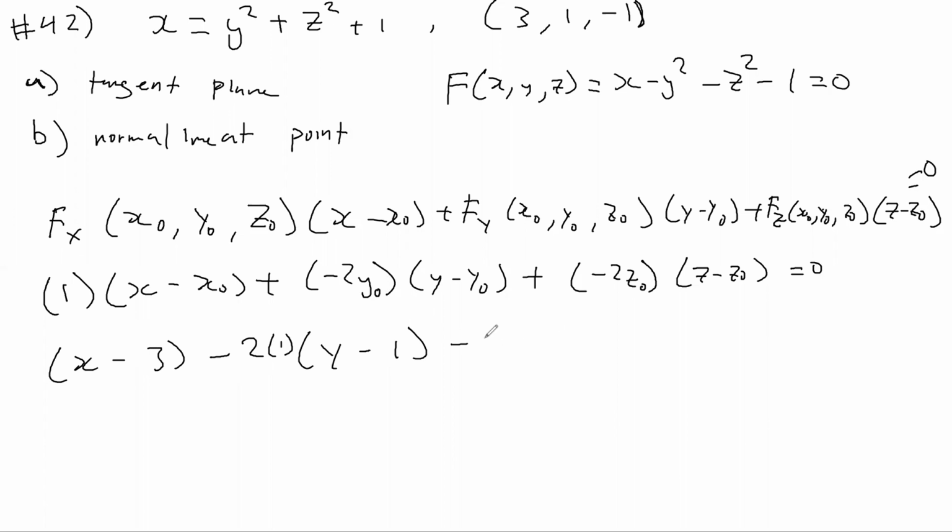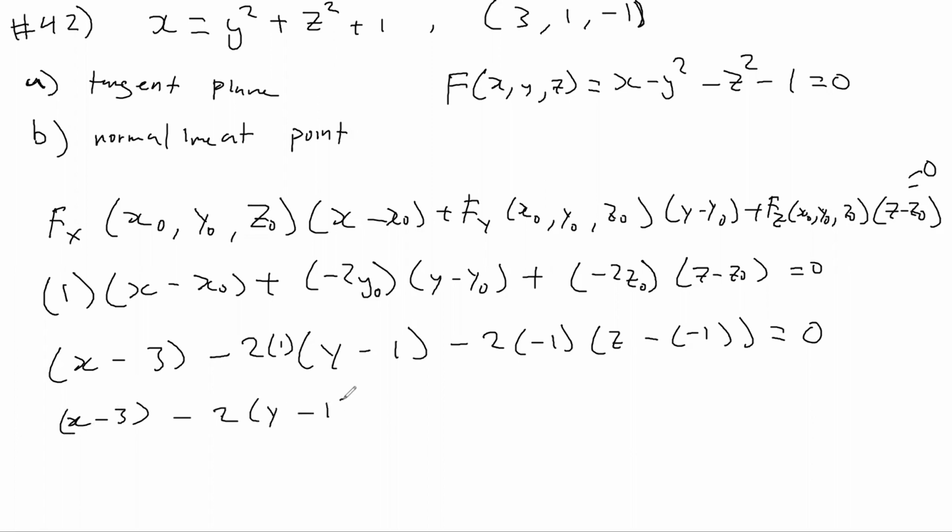Then lastly, negative 2 multiplied by negative 1 times z minus negative 1, equals 0. And so the equation for the plane is going to look something like this. Clearly you can simplify this by combining all the constants together, but I'm going to leave it like that for now. All right, so that's the tangent plane.